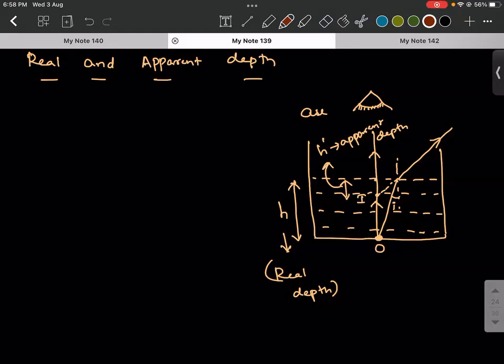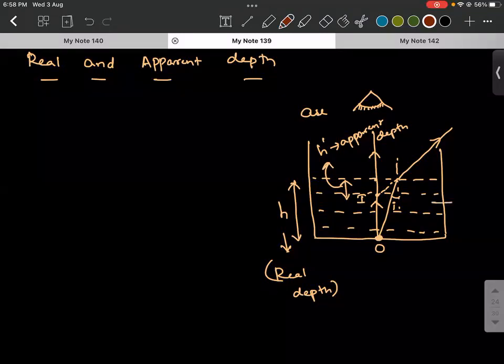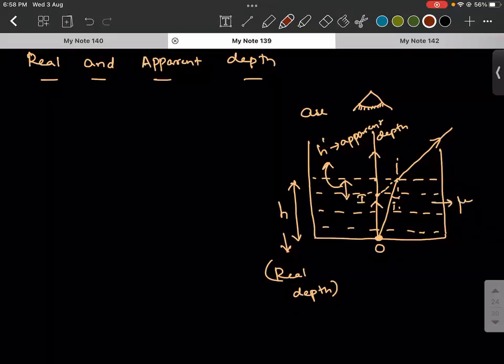We call it apparent depth because it is not the actual position at which the object is present, but because of the illusion we feel that the object has got shifted to the top. Now our job is to derive the relation between H dash, H and the refractive index of the medium.